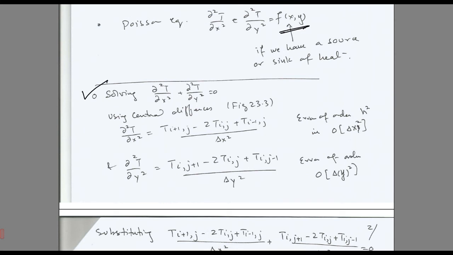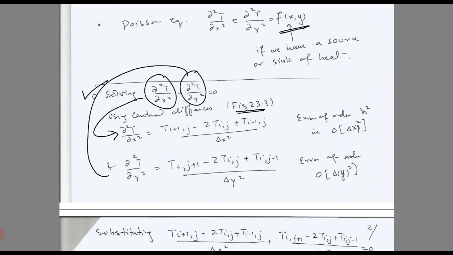For solving, it's easier to use central divided difference from figure 23.3. You can refer back to replace the differential of x by this formula, and with respect to y by the other formula here. Just note that the corresponding error is of order delta x squared.